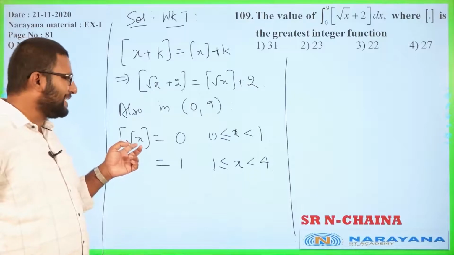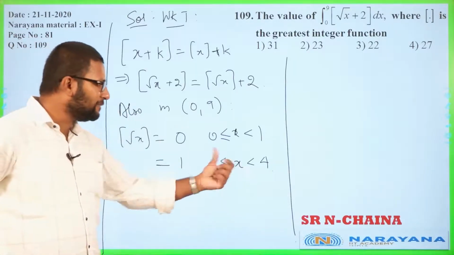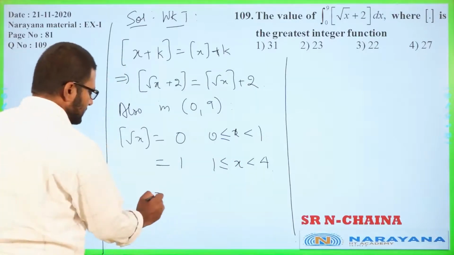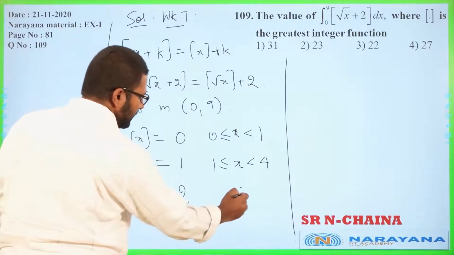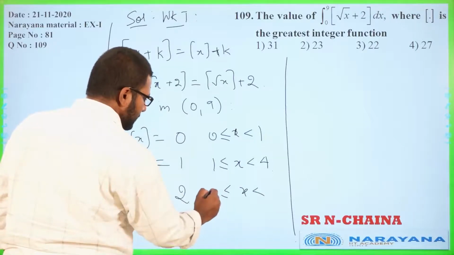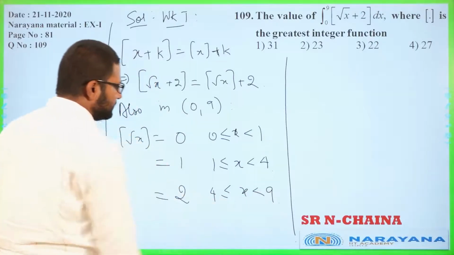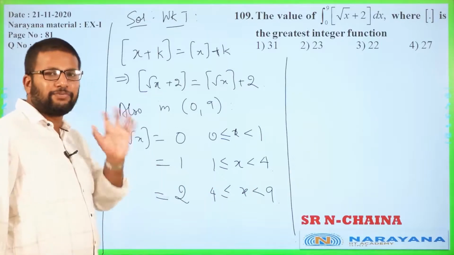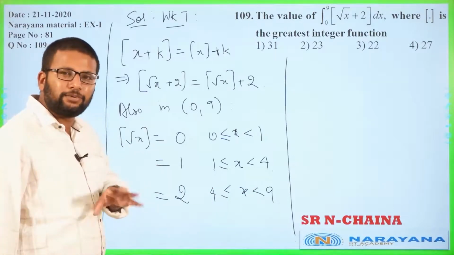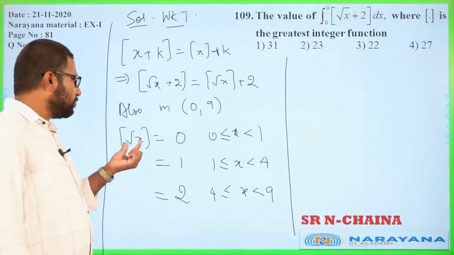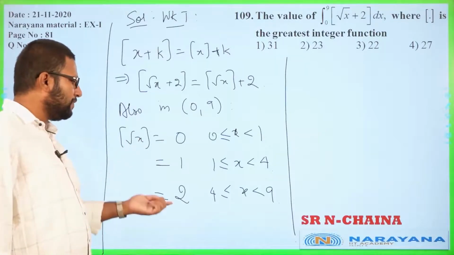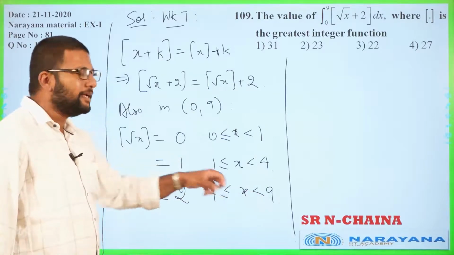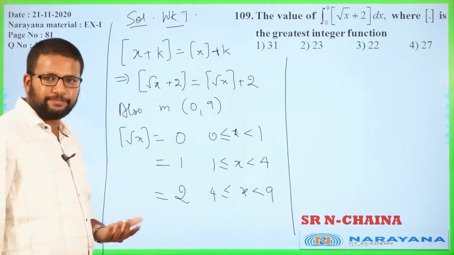So when root x lies between 1 to 2, x lies between 1 to 4, right? And this is 2 when x lies between 4 to 9. Because between 4 to 9, let us say x is equal to 5. What is root 5? 2.23 something. So 2 point something, which means its step value will be 2, and so on up to 9. As soon as x reaches 9, step root x will become 3.